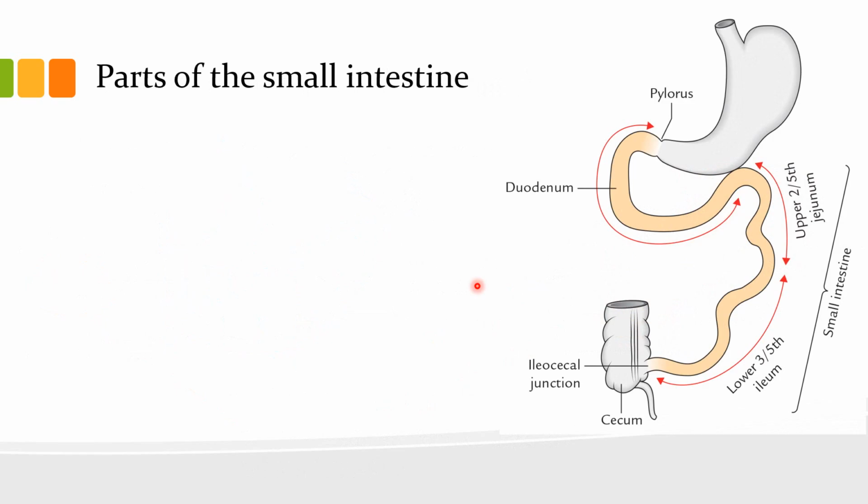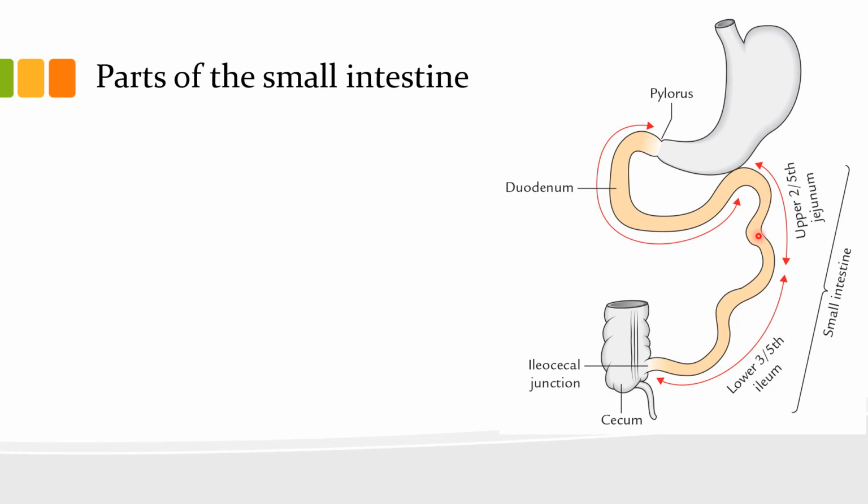After the stomach, we will come to the small intestine, and we know that the small intestine is divided into 3 parts. The first and largest part is the duodenum, then we have the jejunum, and finally the ileum. The duodenum is a fixed retroperitoneal part, while the jejunum and ileum are intraperitoneal.